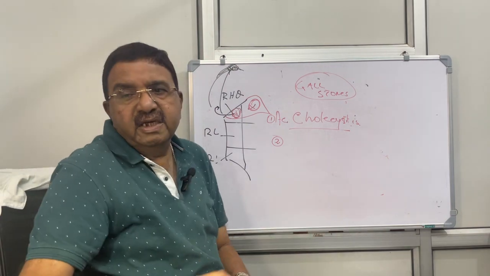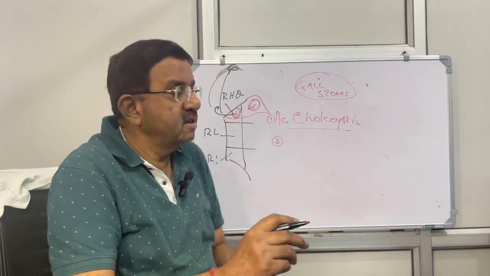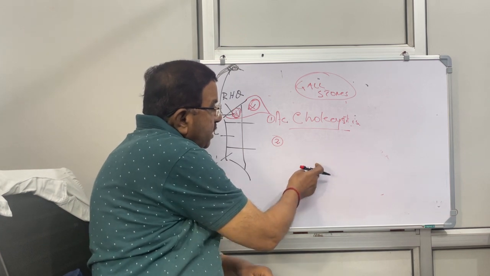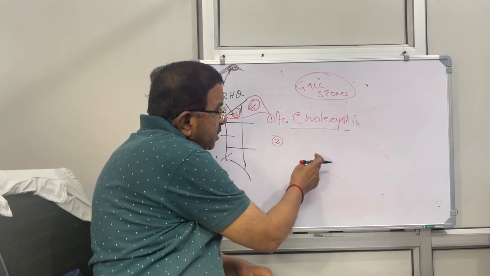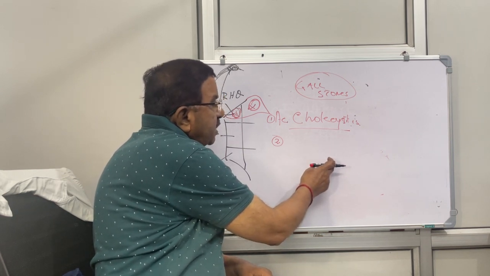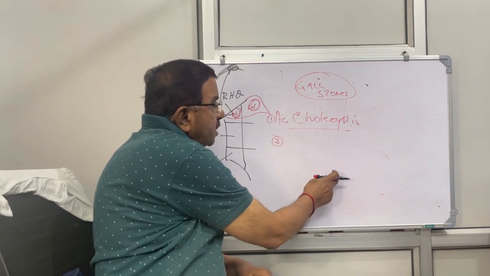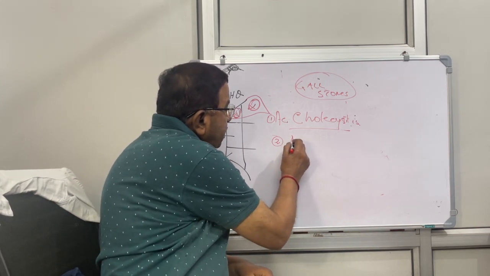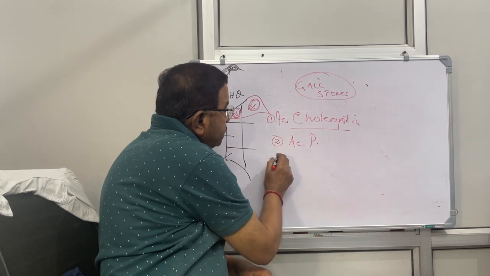Number second complication is acute pancreatitis, because as I have shown, both ducts, pancreatic duct and CBD connect here. So sometimes the bile goes into the pancreatic duct, leading to the changes in the pancreas and creating acute pancreatitis.